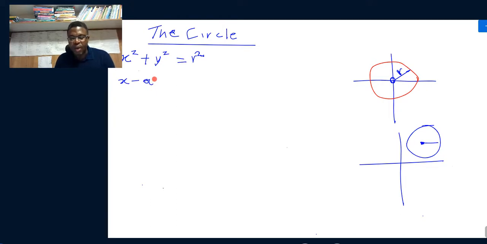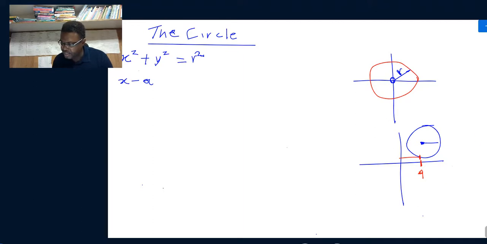It has moved away from x, the center, by a value a, horizontally.